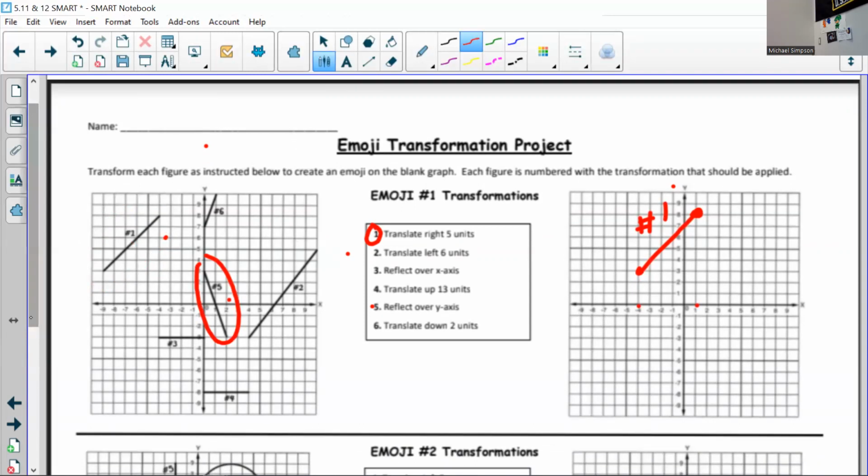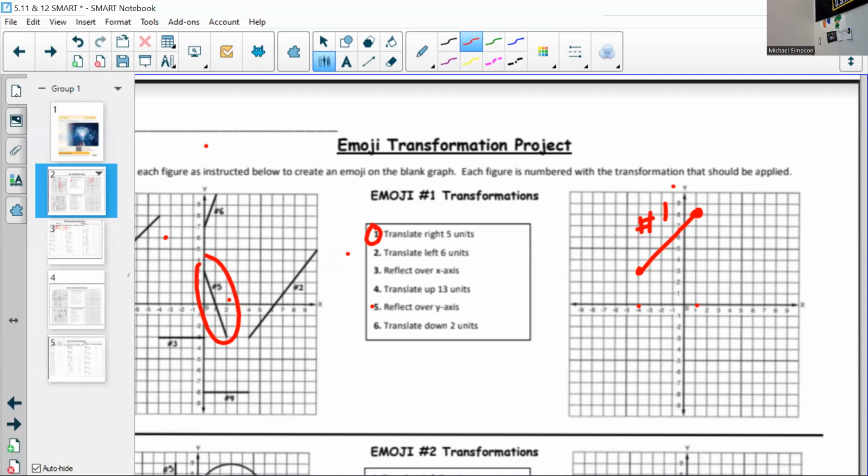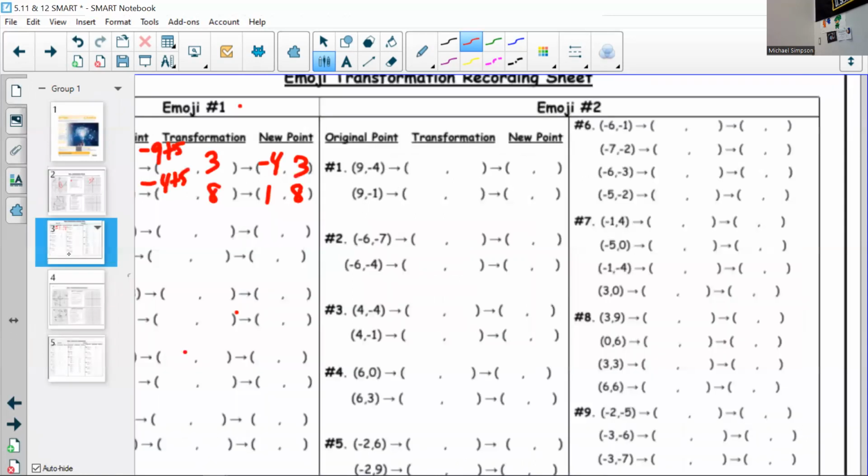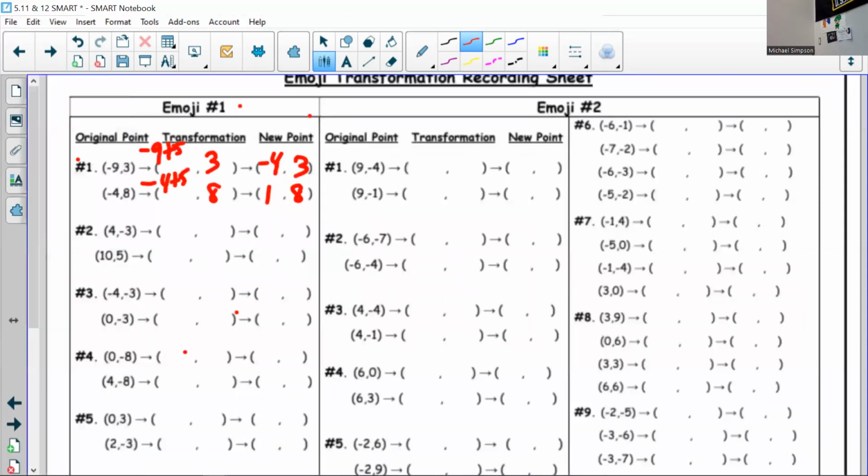Now remember, when we reflect over the y-axis, only the x coordinates change. If you're not sure, go back and watch the videos, okay? Let's go back to the recording sheet. Item number 5, emoji number 1. Here it is.